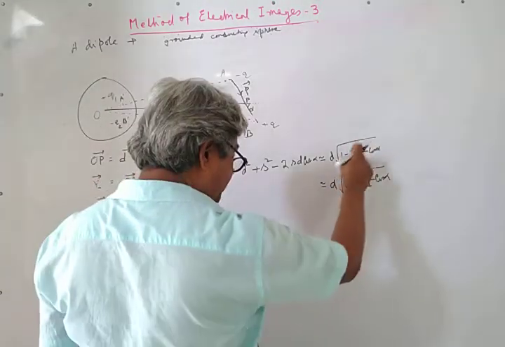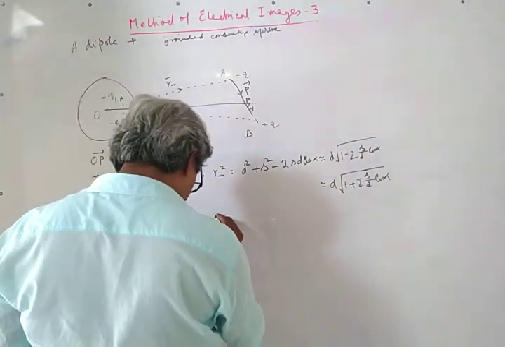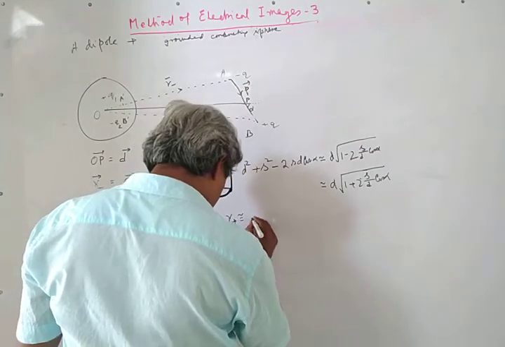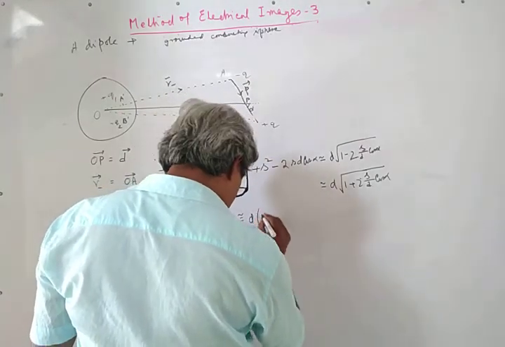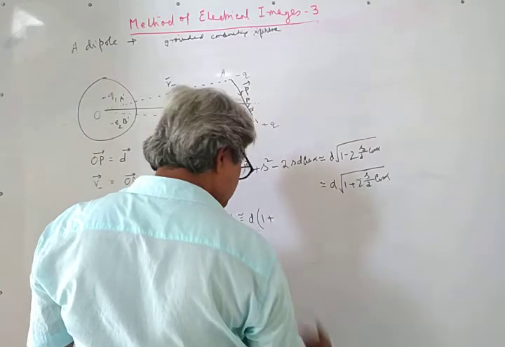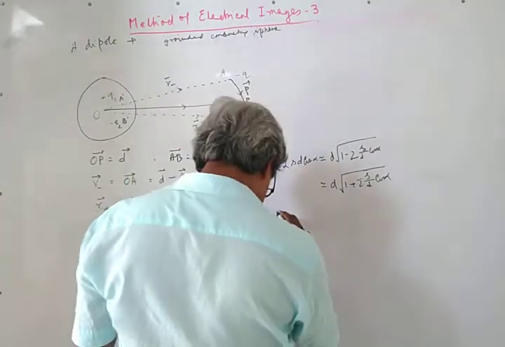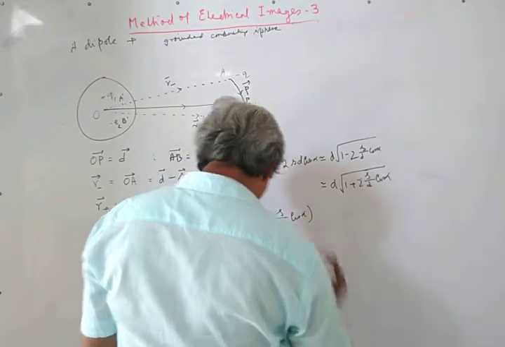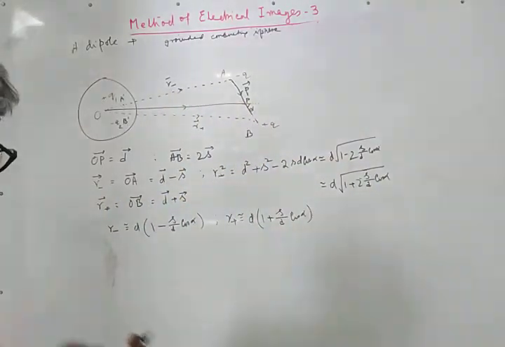This is power half, and R plus approximates to D times 1 plus S/D cos alpha. These are the approximate expressions for R plus and R minus.